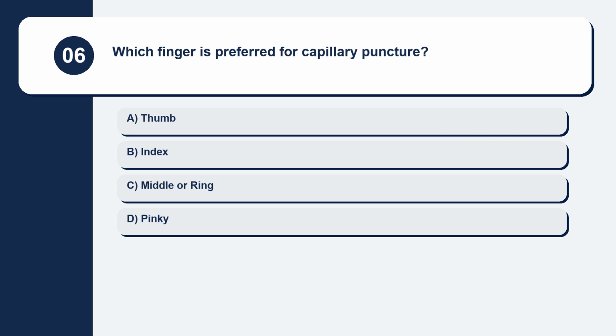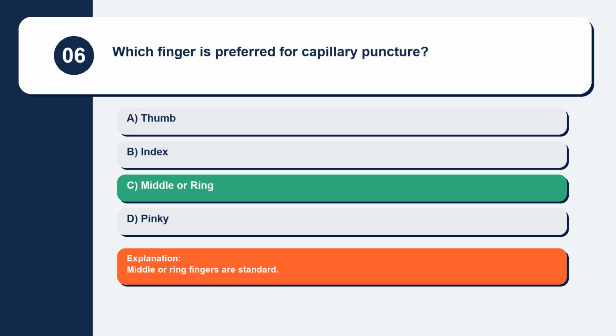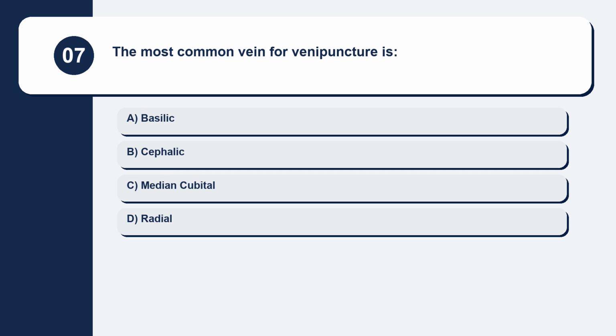Question 6. Which finger is preferred for capillary puncture? Thumb, index, middle or ring, pinky? Middle or ring fingers are standard. Question 7. The most common vein for venipuncture is basilic, cephalic, median cubital, radial.